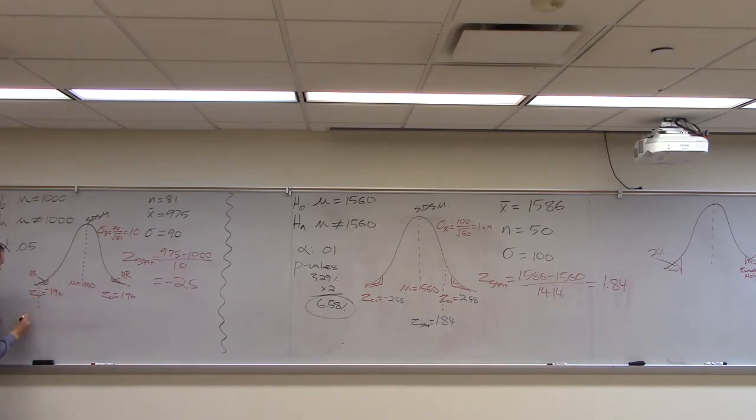Lands right about here. Z stat equals negative 2.5. What is our decision? Reject. Fantastic. We reject the null hypothesis and we will accept the alternative hypothesis. Now just for fun, let's calculate the p-value of this particular sample outcome.